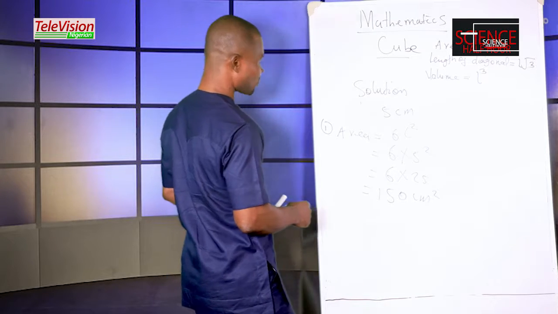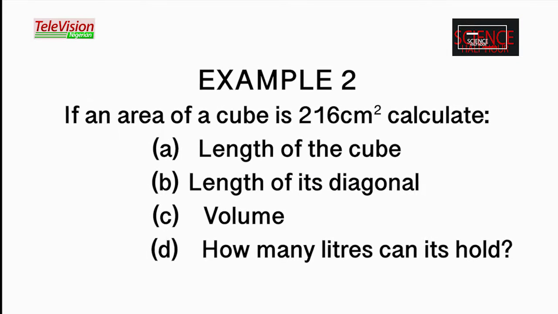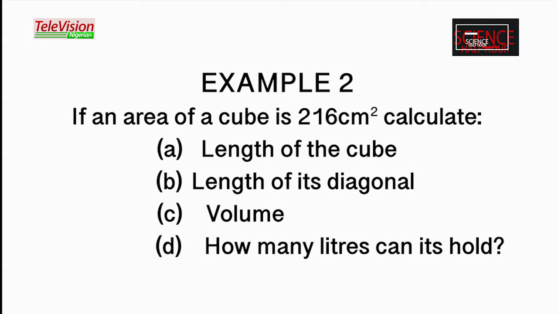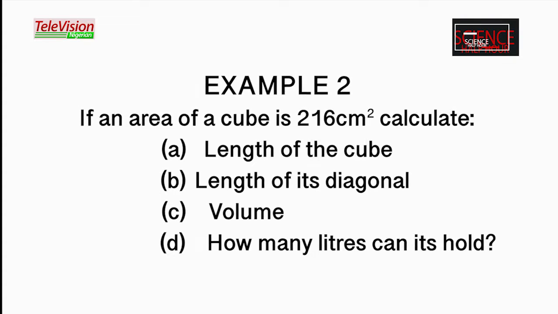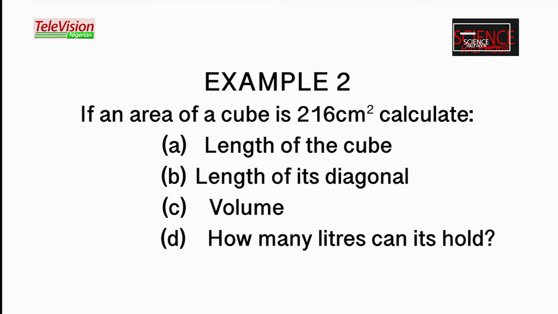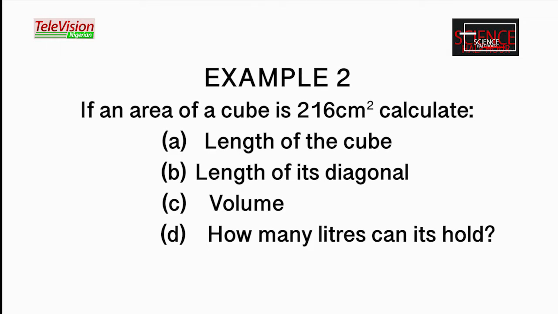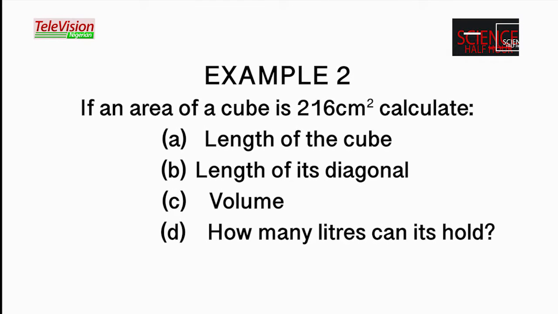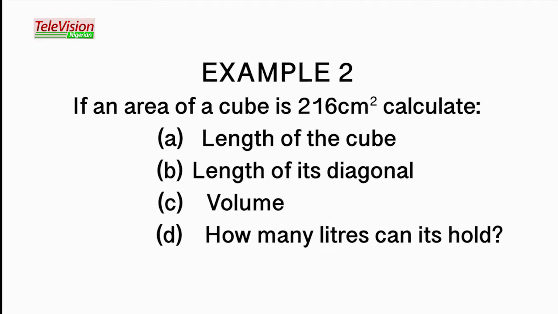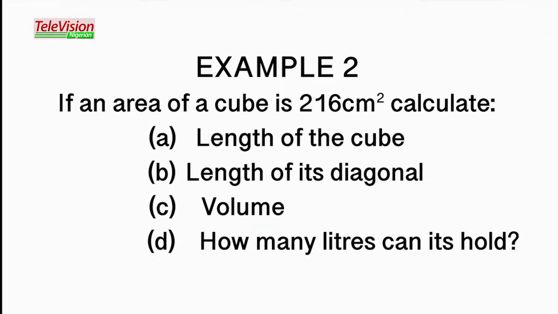Example 2. If the area of a cube is 216 cm squared, calculate A. the length of the cube, B. the length of its diagonal, C. the volume, D. How many liters can it hold?